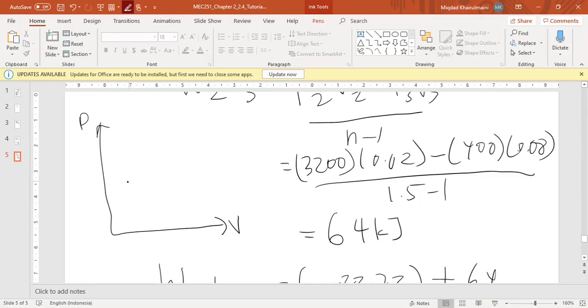So high volume V1, 0.08, compressed to low volume along an isothermal curve, state 2. Here is the low volume 0.02. This is the low pressure of 800 and this is the high pressure of 3200.